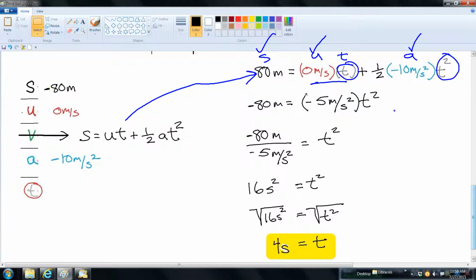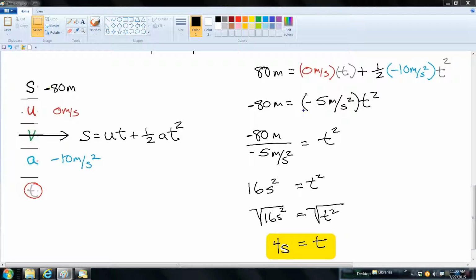So we're lucky in this situation, since we're starting with the initial velocity of 0, that we don't have to solve for a quadratic equation, our t's, t squared and t here, because this drops out. And so we end up with minus 80 meters is equal to minus 5 meters per second squared times time squared. Divide both sides by minus 5 meters per second squared. We do it on the other side, and we end up with this below here.